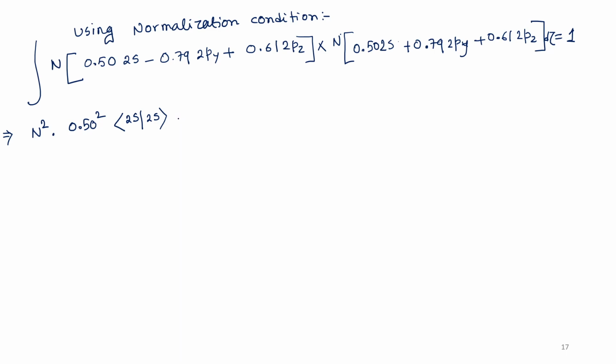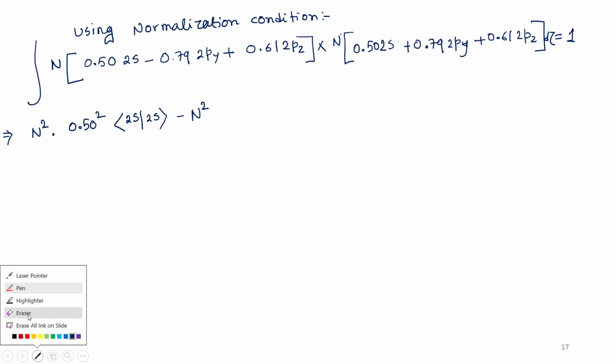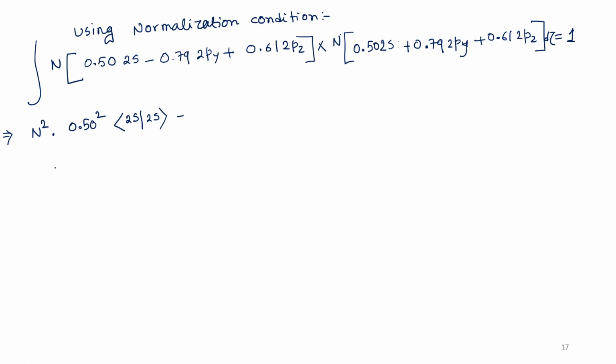That is going to be minus n square 0.79 square 2py, and minus n, you can understand, because this is minus and plus.